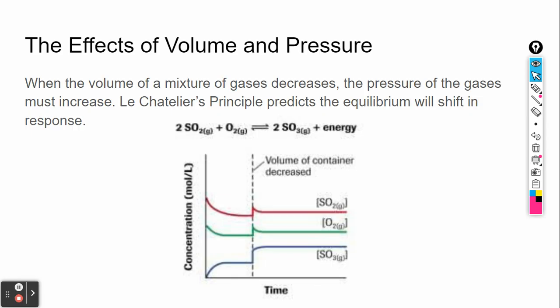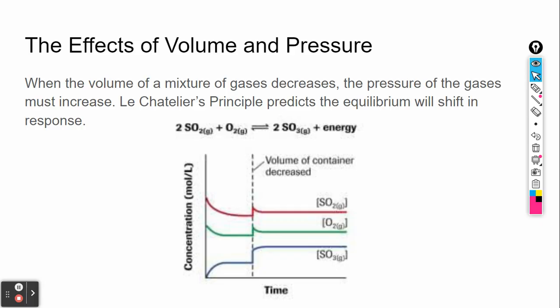Le Chatelier's principle also can be used when we're talking about pressure and volume. Le Chatelier's principle predicts the equilibrium will always shift in response. Here I've got what happens when we've got a reaction of two gases. Again, the SO2, which is a gas, reacting with oxygen, a gas, to produce SO3 and some energy.